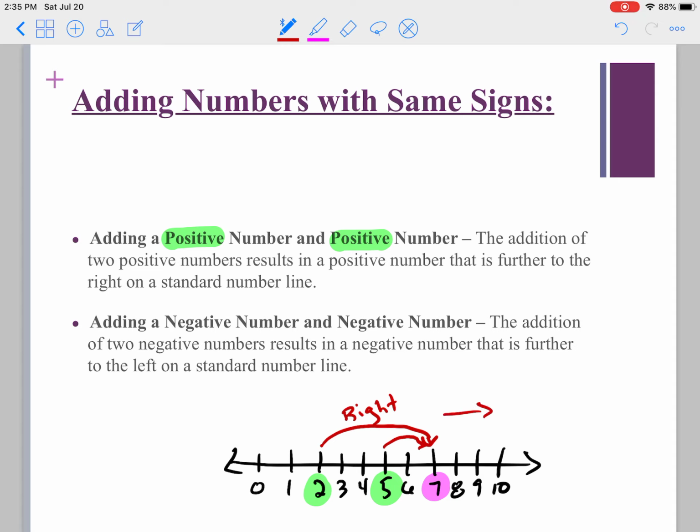Remember that as we move this direction to the right, the numbers increase in value.